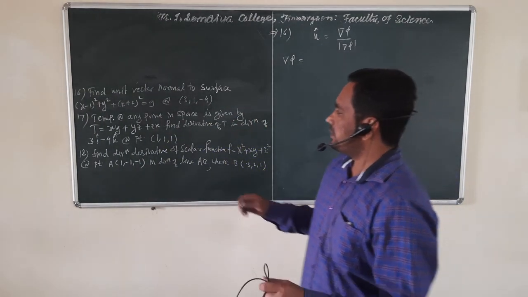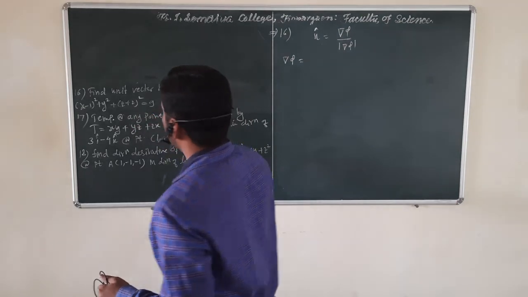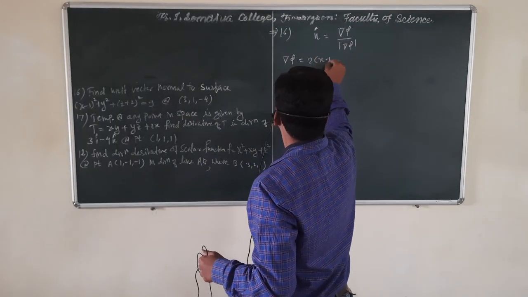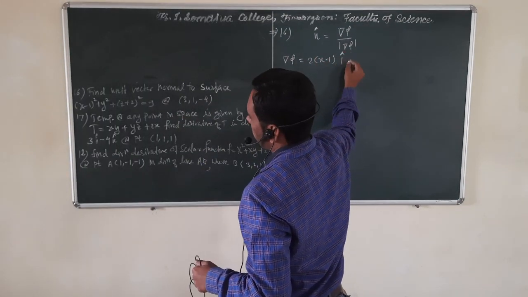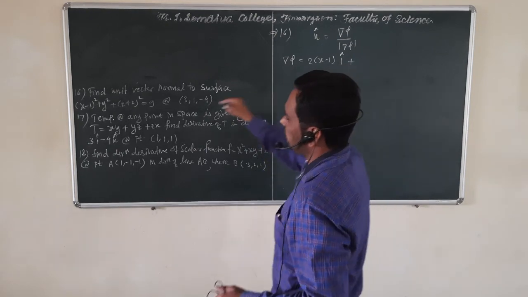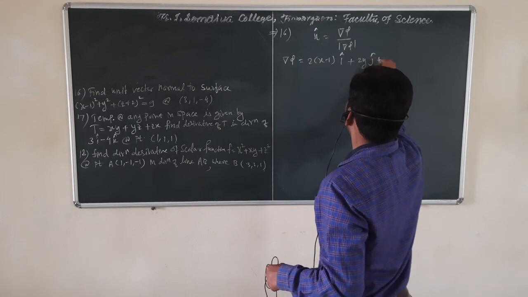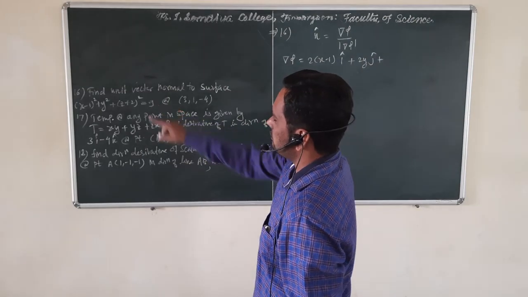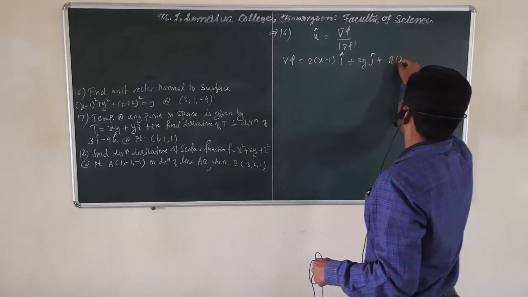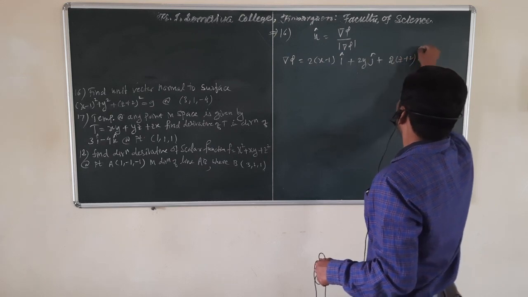If you differentiate this term with respect to x, that is 2 times (x minus 1) i cap, plus if you differentiate with respect to y, that is 2y j cap, and if you differentiate with respect to z, then 2 times (z plus 2) k cap.